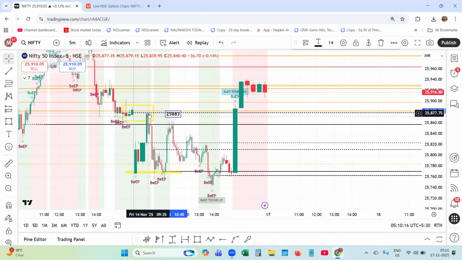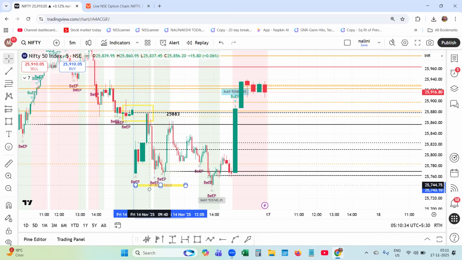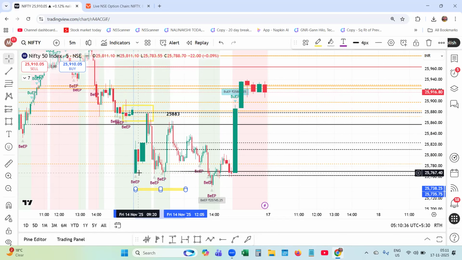15 minutes means shorter term option levels, and open interest levels are reflected on the chart. The market broke down this option level and came down to 25,767. It immediately returned back to this level.